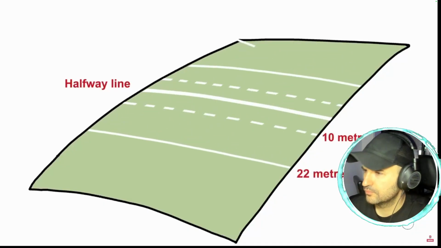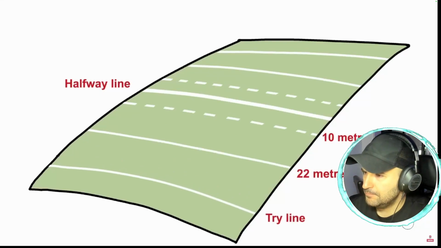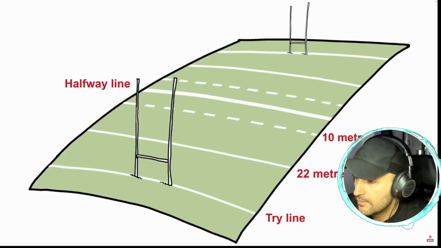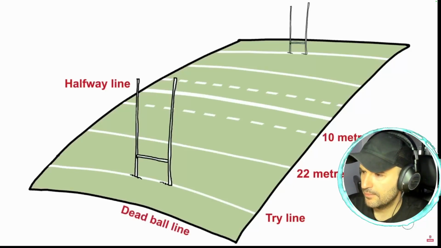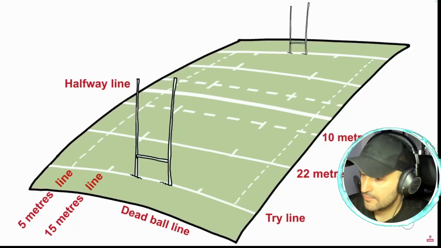Next is the try line. Behind this line, you can score a try by touching the ball down. On the try line are the rugby posts, two vertical posts and a crossbar. The last line is the dead ball line and marks the end of the field. On the sides, you find the 5 metres line and the 15 metres line. During a line out, the players must stay between these lines.